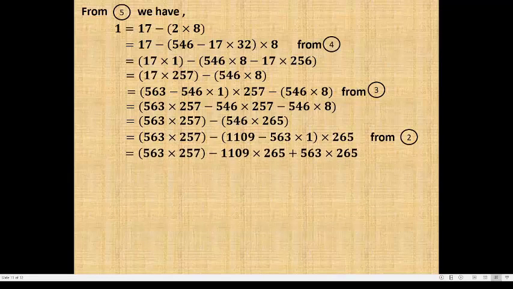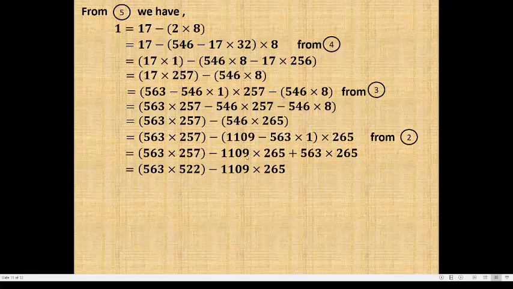So we get 563 into 257 minus 1109 into 265 plus 563 into 265. So here again observe these two terms, 563 into 265 and 563 into 257. So 563 into (257 plus 265). So here we get 522 and minus 1109 into 265.